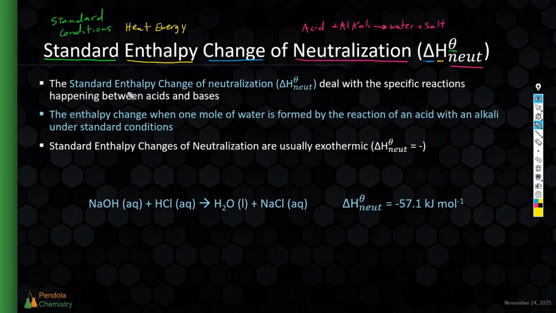Now the standard enthalpy change of neutralization deals with a very specific reaction, that acid-alkali reaction we talked about, and so the definition is very specific. It's the enthalpy change, because that is always in every enthalpy change definition. Enthalpy meaning heat energy, change meaning the change in heat energy. And then we get when 1 mole of water is formed.